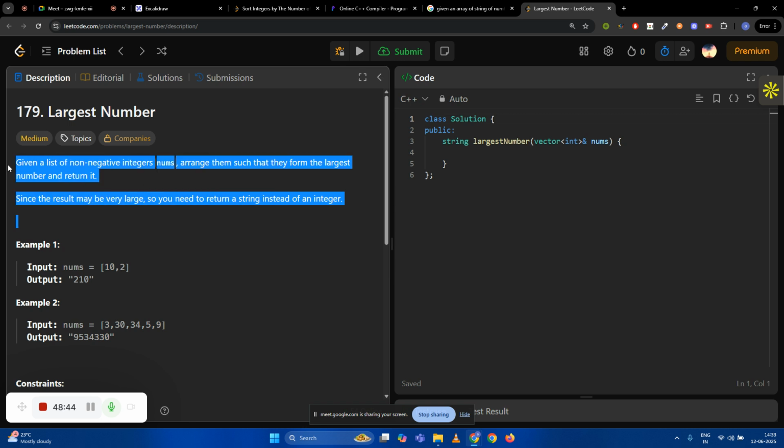Any logic? Okay, think for one more minute. See, these are the problems which you cannot do if you don't know the comparator function. As simple as that.